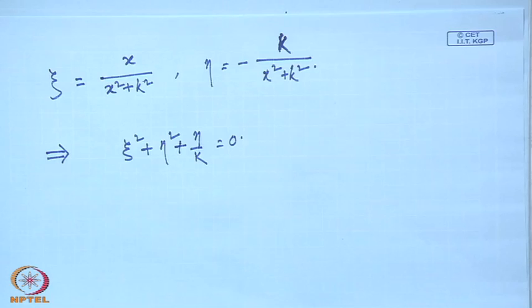This is ellipse? This is circle. So, on the zeta plane, these uniform flow streamlines are circles.